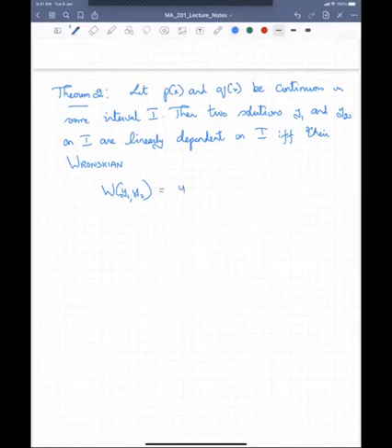The way I define this is y1 y2 prime minus y2 y1 prime is 0 at some x0 on I.